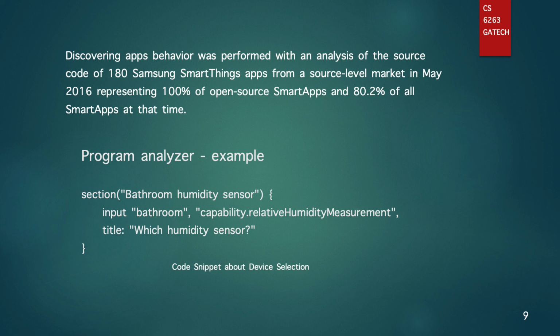In order to properly design the SmartAuth app, the researchers actually performed a few user studies and also some experiments. As you noticed earlier, there are different parts to the SmartAuth design, and the program analyzer among them, which you see an example of here, was used to extract app security critical behaviors.